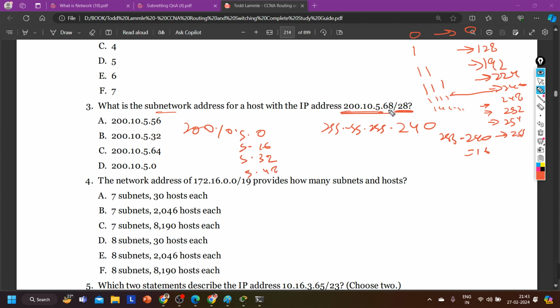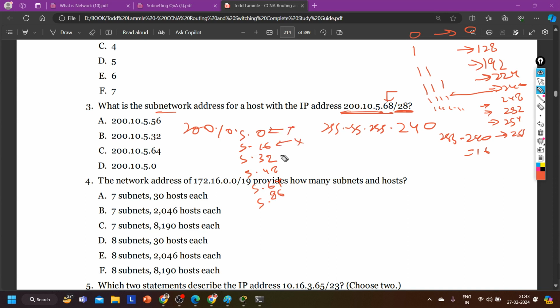And see the IP address 5.68. So the next network 5.64, then add 16 over here, 5.80, 16. Right?